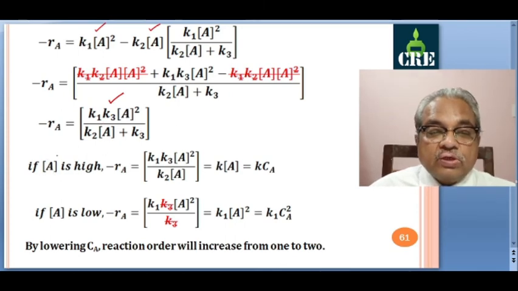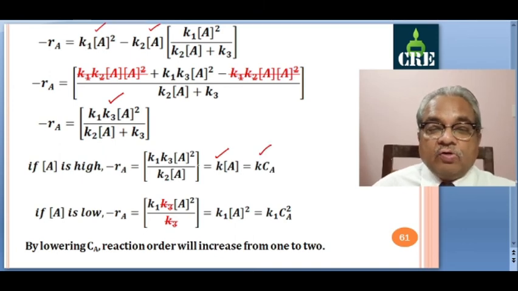If concentration of A is high, initially you will start with high concentrations, then K2 A is high and K3 will be negligible, and what you will get is K1 K3 into A square by K2 into A simply. So this K1 K3 divided by K2 we write as a new constant K, and the A cancels out with the square term, so rate is K CA.